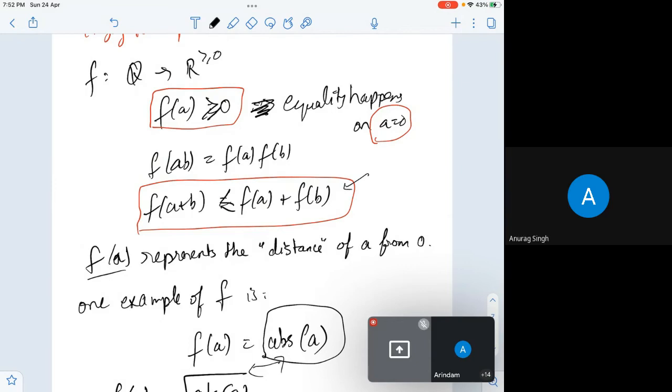Yes, I want to include power series there somehow. Sorry, how do you want to get a norm using a power series? So you want f to be some arbitrary power series that satisfies all these three conditions.